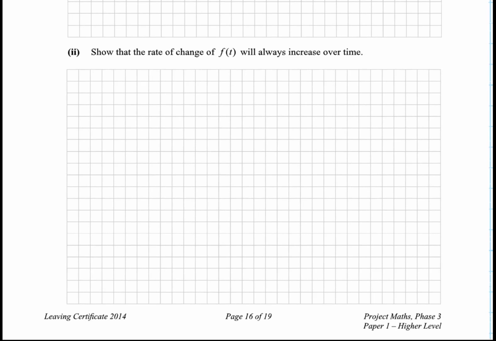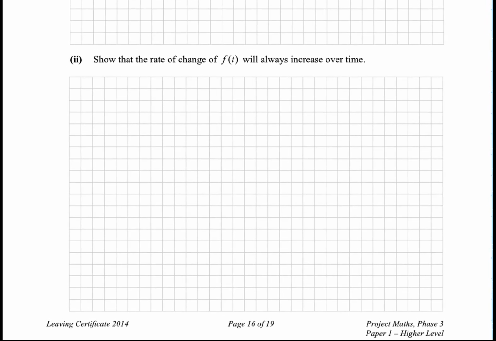So we showed that the rate of change of f(t) will always increase over time. So we know that whenever we want to show it's always increasing over time, we're going to have to look at, I like to call it, double differentiation. So we're now looking at f with 2 dashes in t, which is basically differentiation of the differentiation.